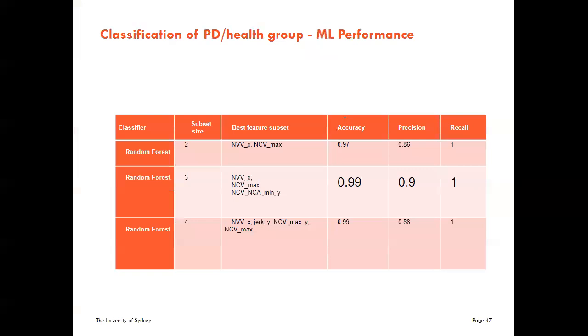And we could achieve, with one of the very famous machine learning algorithms, random forest, an accuracy of 0.99. That means 99% of the time we were able to accurately predict whether this drawing had been drawn by a patient or a normal person.